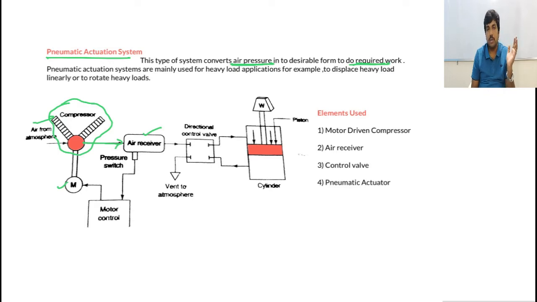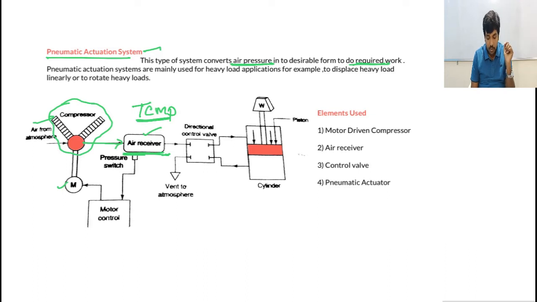Now have you remembered this? Previously, when I was discussing the hydraulic actuation system, we discussed a regulator. The air receiver also does the same function, regulation, because when we are dealing with the pneumatic actuation system, we should be very conscious about the temperature, because the temperature of the air should not change too much.